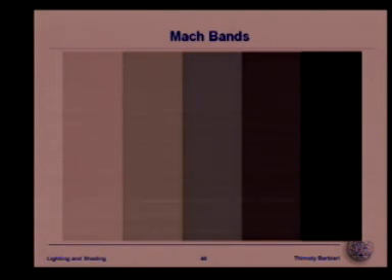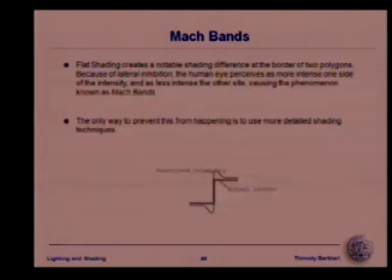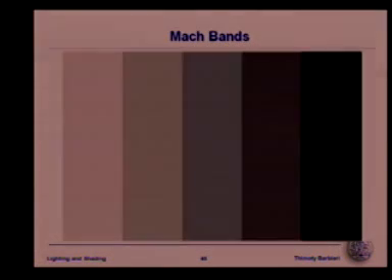When there is a marked difference in tint between two colored areas, your eye tends to intermix the two tints at the border. Where the color is lighter, you perceive an even lighter intensity, and where the color is darker, you perceive an even darker intensity.